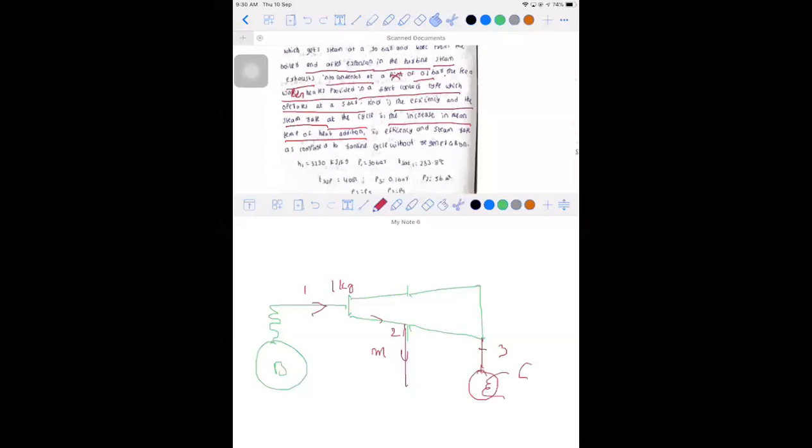So steam will expand like this. Here 1 kg is there, but here m kg is moving like this, and this is going to be 1 minus m kg, and then it will go to this.